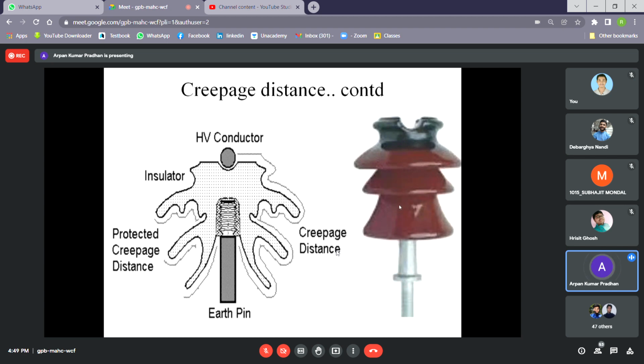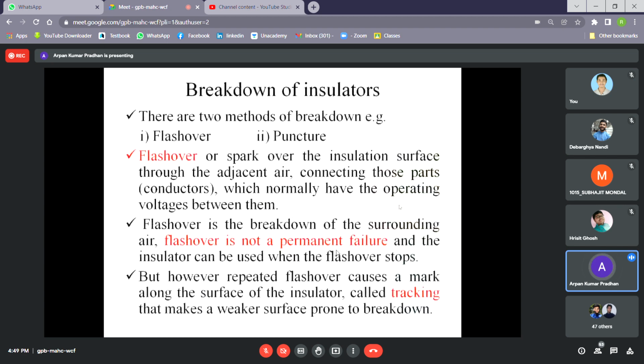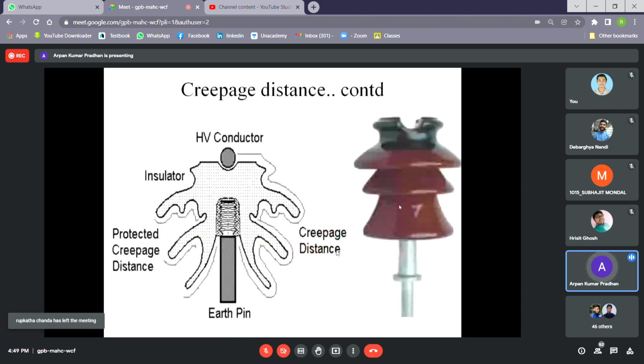And one interesting thing is that this flashover is not permanent. In the case of air insulation, the breakdown is temporary. If the voltage is reduced, the insulating property of air is restored. So flashover of the insulator is not a permanent one.